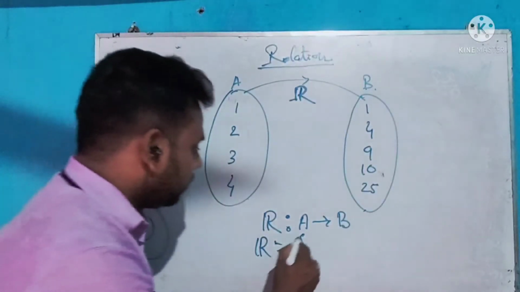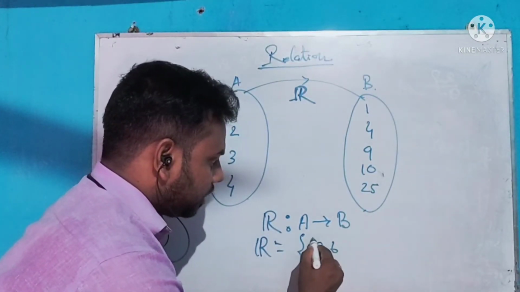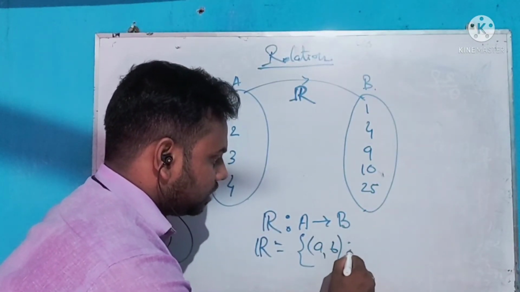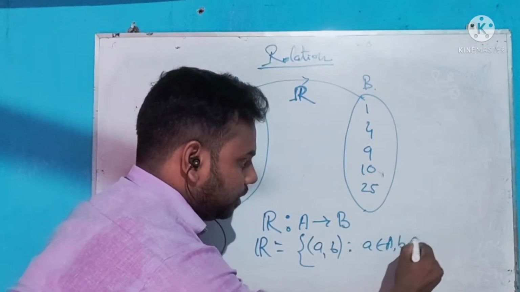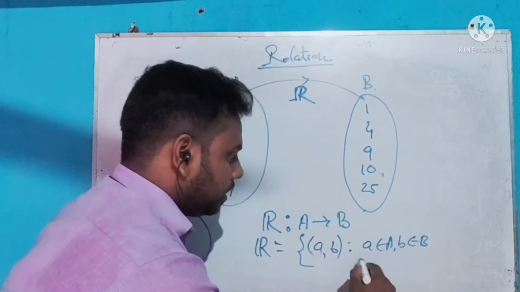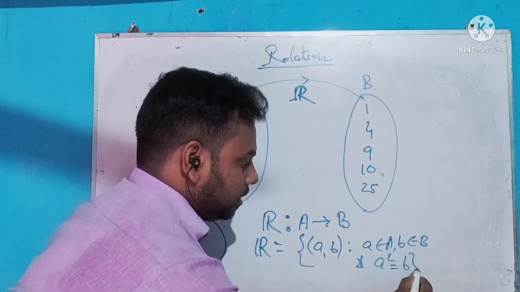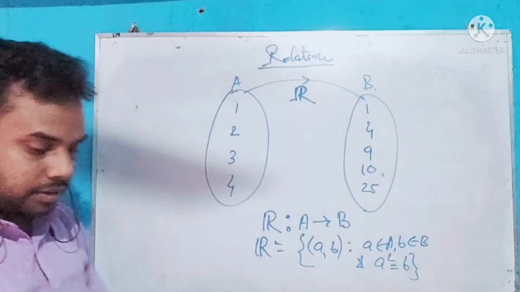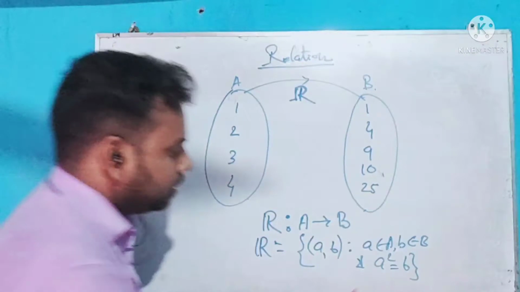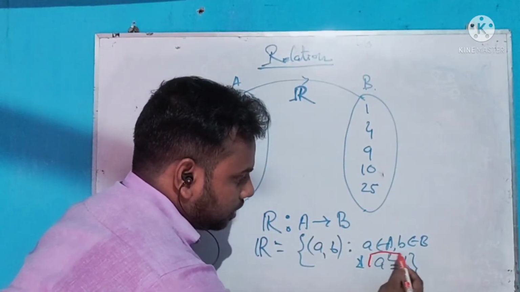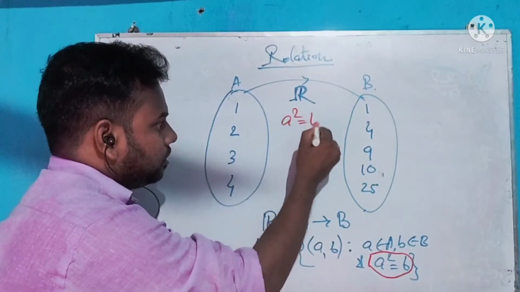Suppose we define a relation R whose elements are (a, b) such that a belongs to capital A, b belongs to capital B, and a square is equal to b. So the relation between a and b is that a square is equal to b.